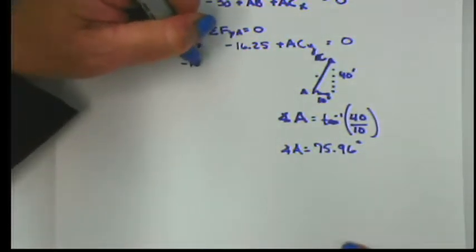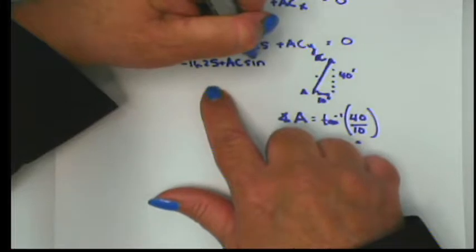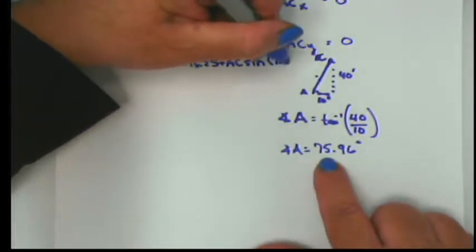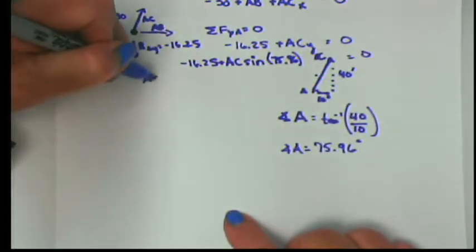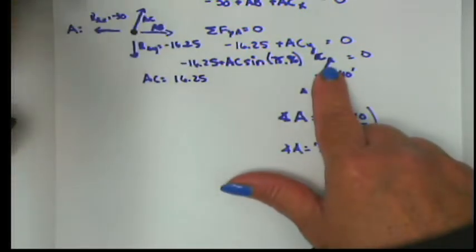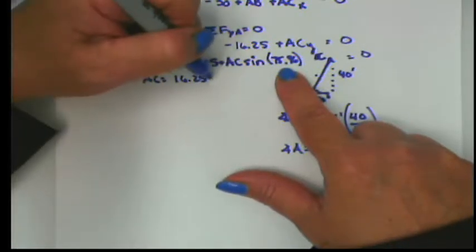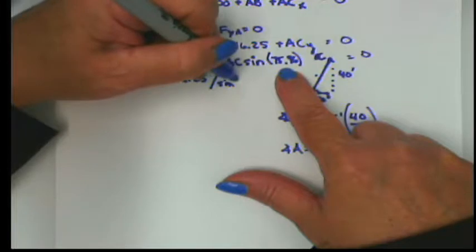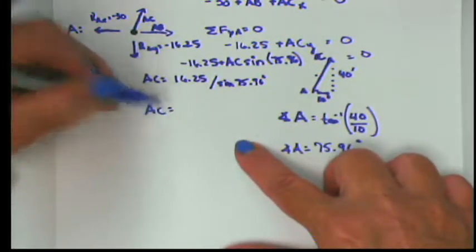So minus 16.25 kilopounds plus the entire force in AC times the sine of that angle equals 0. So if I want to solve for the magnitude of AC, I bring 16.25 over to the other side, which is positive when I change sides of the equal sign. Divide by the sine of 75.96 degrees, and I'll get a magnitude of AC.